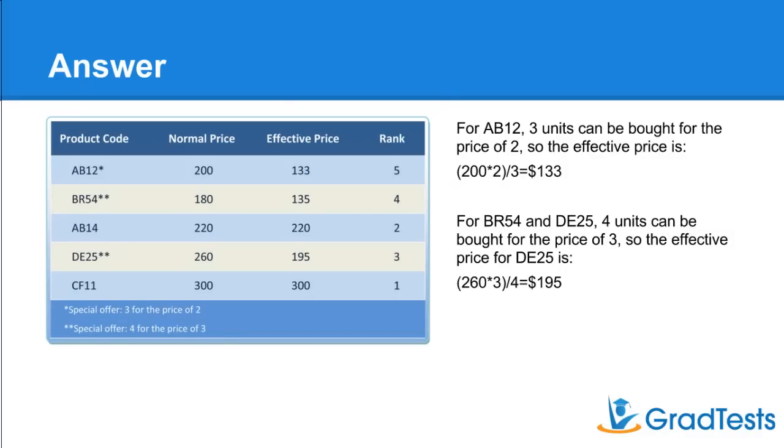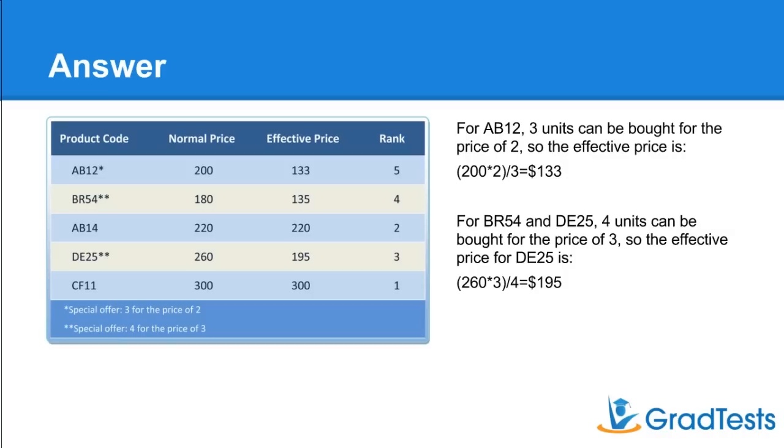For BR54 and D25, they also have that special promotion where you can buy 4 units for the price of 3. As an example, the effective price of D25 would be $260, which is its standard unit price, multiplied by 3, divided by 4, gives you $195. We multiply by 3 because you would have to buy 3 in order to get the 4, and we divide by 4 because we're trying to find the effective unit price.